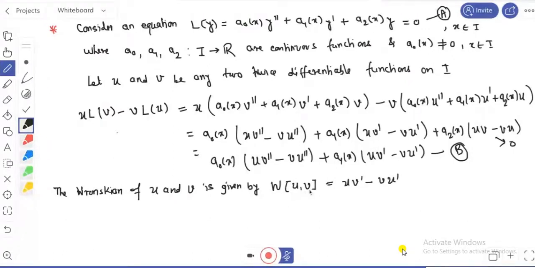This is the determinant of u, v over u', v'. So this value equals this thing. Say this is equation number C.